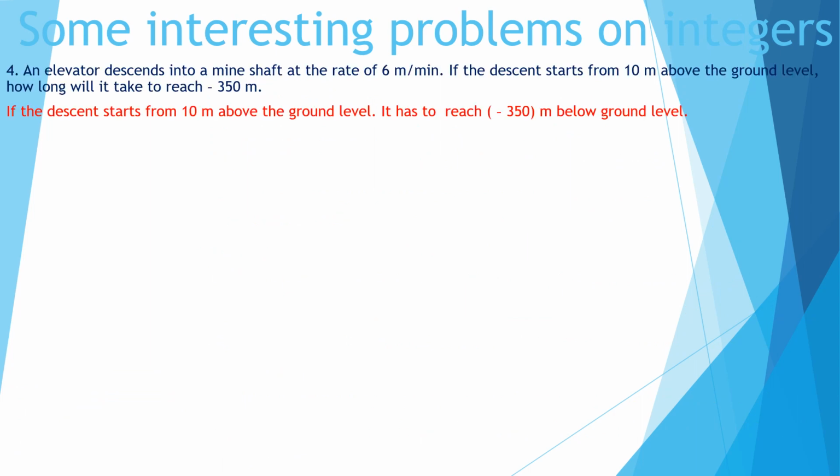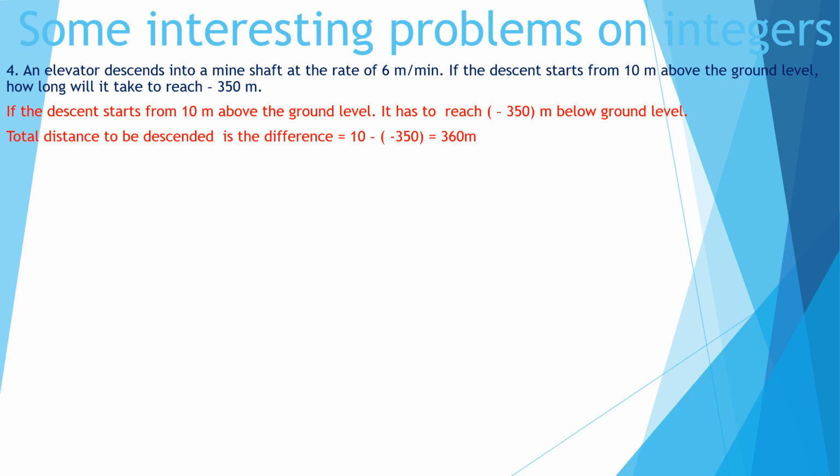Now an elevator descends into a mine shaft at the rate of 6 meters per minute. If the descent starts from 10 meters above the ground level, how long will it take to reach minus 350 meters? So first we write down whatever is given to us. The descent starts from 10 meters above the ground level. It has to reach minus 350 meters below ground level.